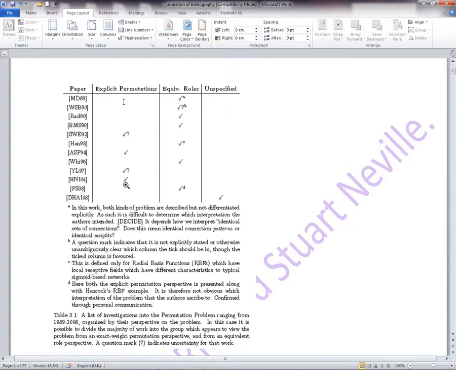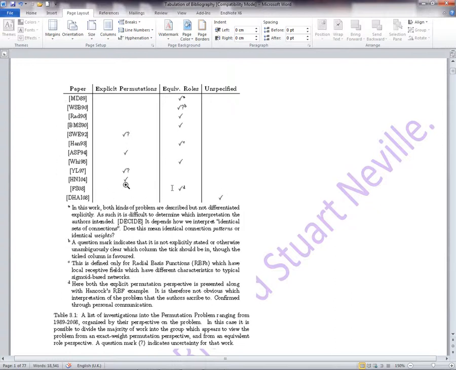So in fact it's concentrating, to be more specific, on permutations of weights. Now when the student looked at this, he found that there was actually no explicit terminology to explain this conundrum of, well, what's it called? Well, in some papers it's called explicit permutations. In others it's called equivalent roles, and some they don't even specify it.